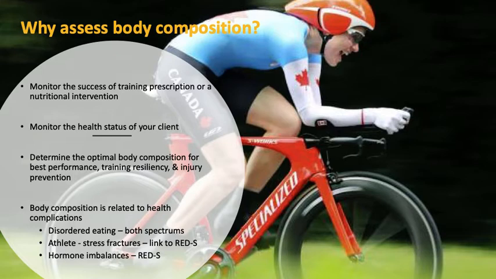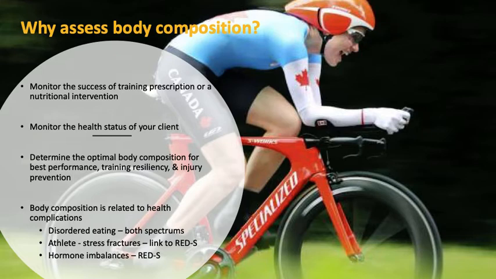These are very important factors that you need to consider when you're working with athletes: finding their optimal body composition for optimal performance, training resiliency, and injury prevention. The last reason to assess body composition that we're going to discuss in this lecture is that body composition is related to health complications. For example, disordered eating, where you can have both spectrums.